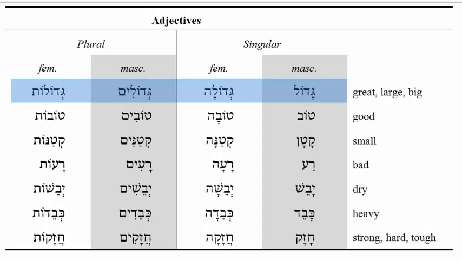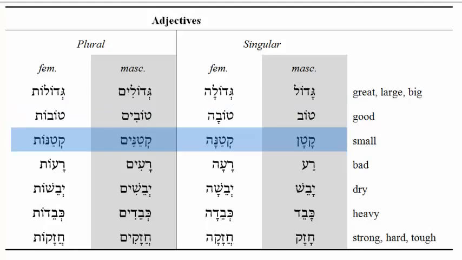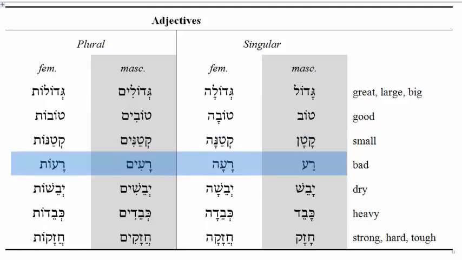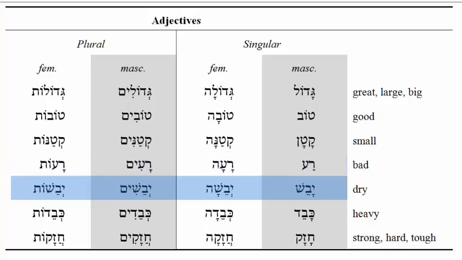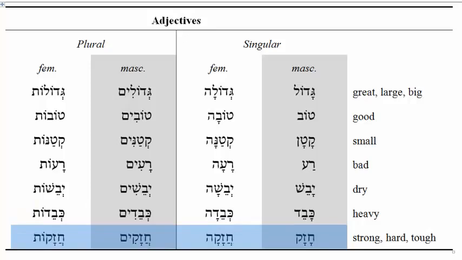Gadol, gedolah, gedolim, gedolot, tov, tovah, tovim, tovot, katan, katana, katanim, katanot, ra, ra'ah, ra'im, ra'ot, yavesh, yavesha, yaveshim, yaveshot, kaved, kavedah, kavedim, kavedot, chazak, chazaka, chazakim, chazakot.